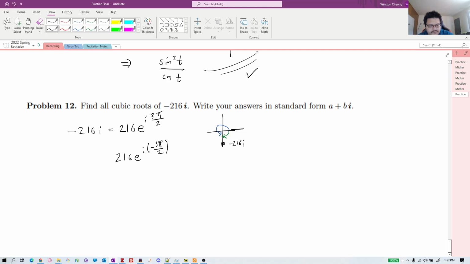But for our purposes, it doesn't really matter, because we actually start with this general solution that uses multiple revolutions of the circle. So how do I want to say this?